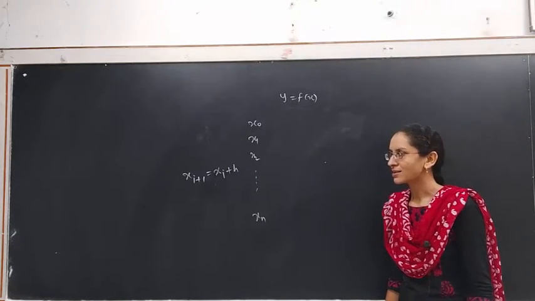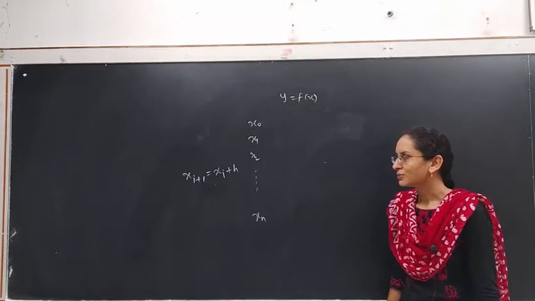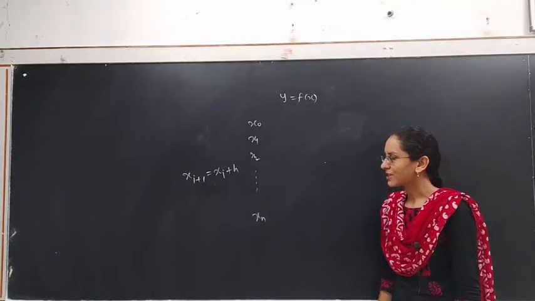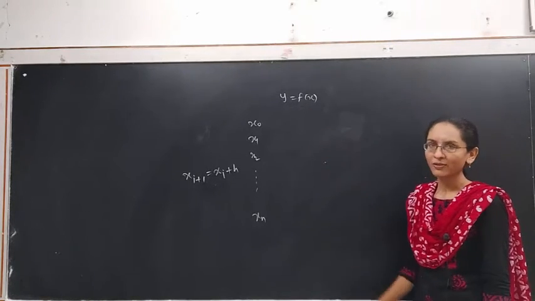Xi plus 1 minus xi is h for i belongs to 0 to n minus 1. Hence, these values are equally spaced and corresponding to these values of x, we will get values of y.